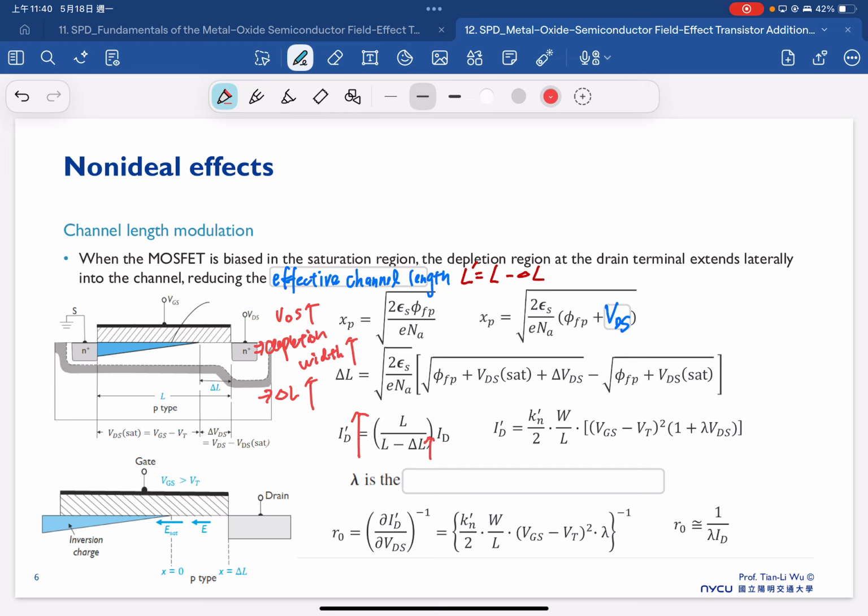So we can also put this correlation into our original current equation. In the end, we can define this additional factor called lambda, which is the channel length modulation parameter.